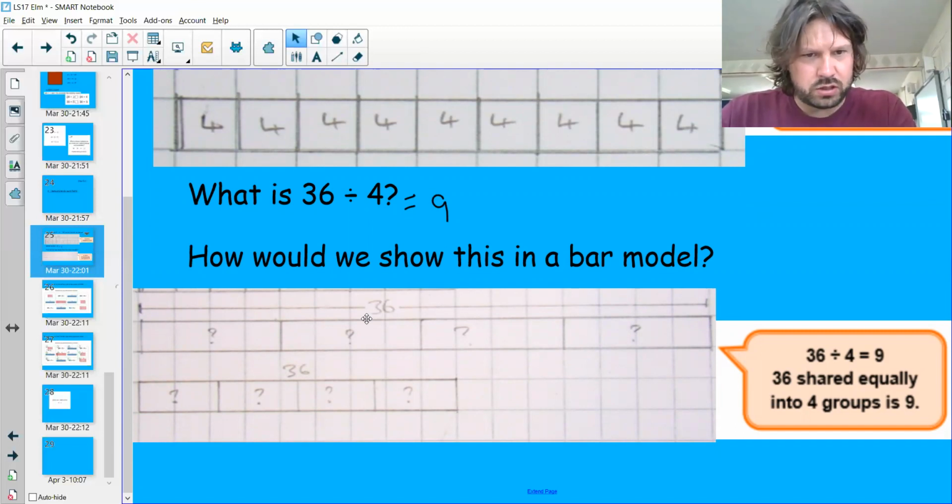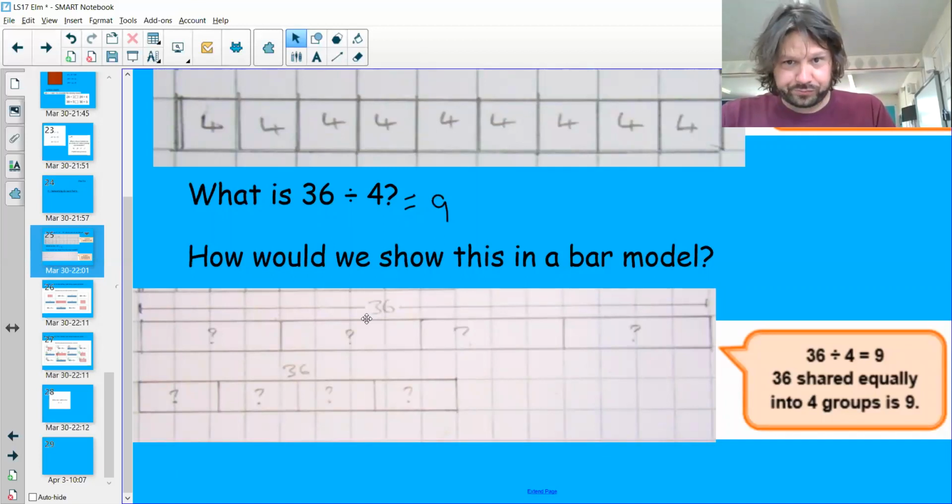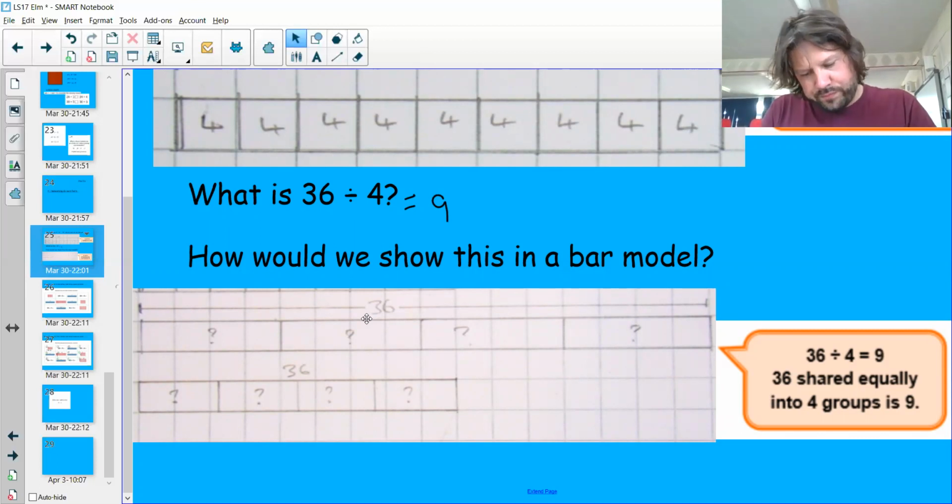I'm drawing 1, 2, 3, 4, 5, 6, 7, and so on, because I've got 4 in each time: 4, 4, 4, and 4, 4, 4, 4, and 4. And then I'm going to draw my lines down as well.